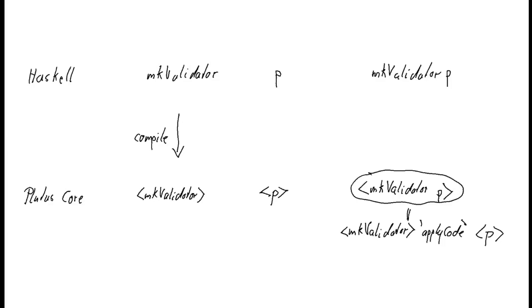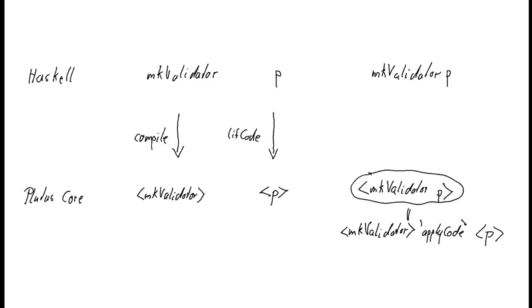However, P is not some arbitrary Haskell code, it's data. So it doesn't contain any function types. And as we will see, for such types, there is a way, if we make the type of P an instance of a type class called Lift, that's called lift code, that does work at runtime.